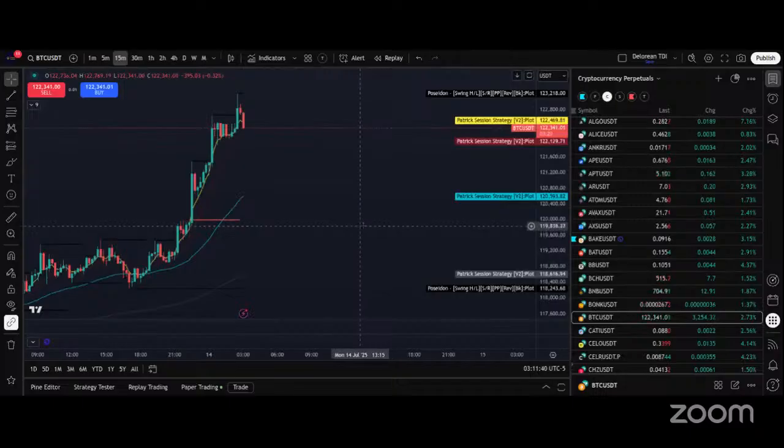All right, so we do have some retracement from the all-time high on Bitcoin from 122,218.